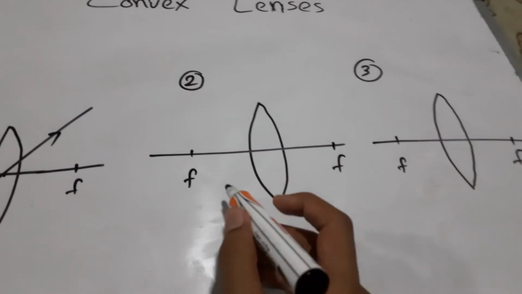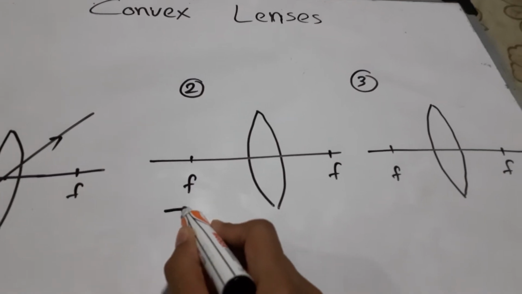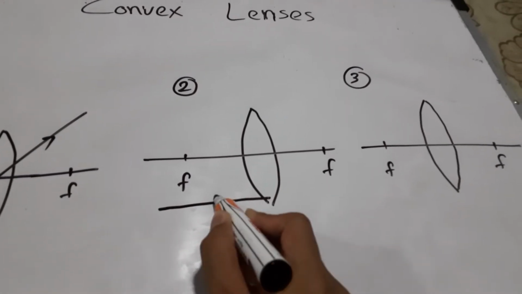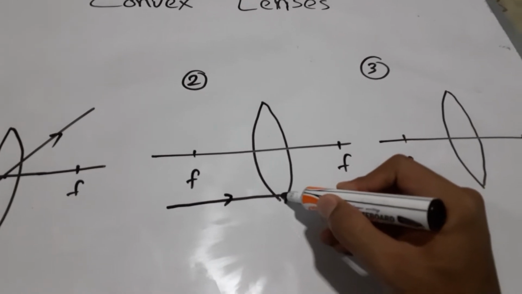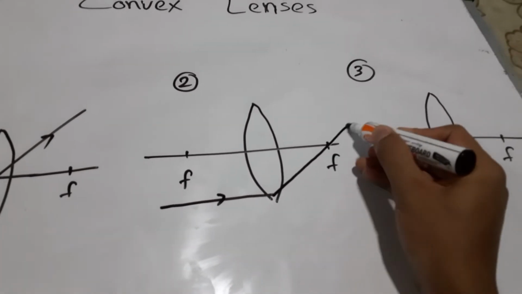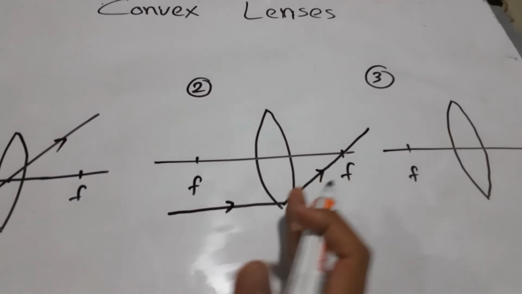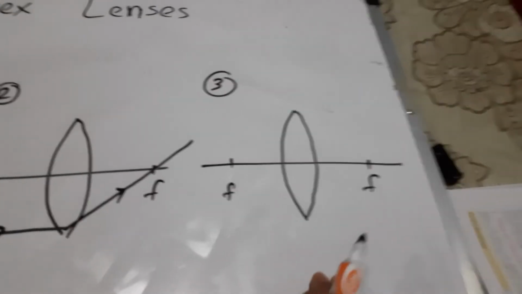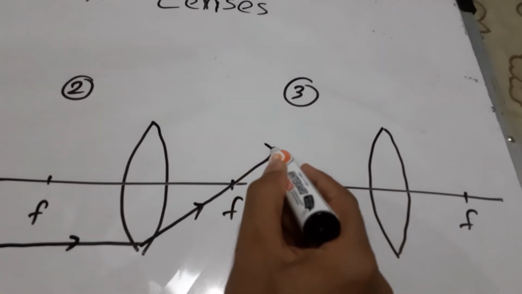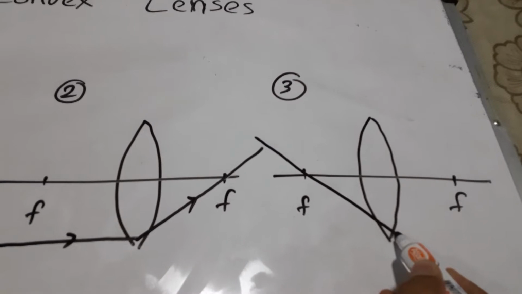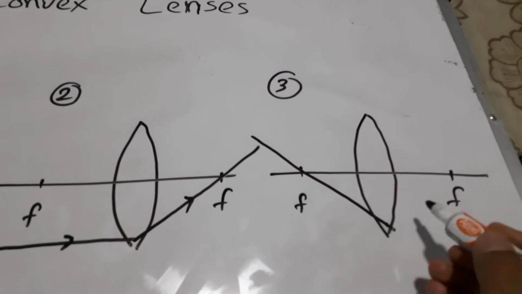Number two is when a light ray comes parallel to the principal axis, it will be refracted so that the ray goes through the focal point. Number three is the opposite of the second one. If the light ray passes through the focal point towards the lens, what will happen?